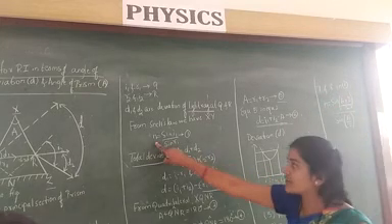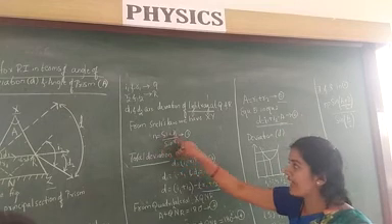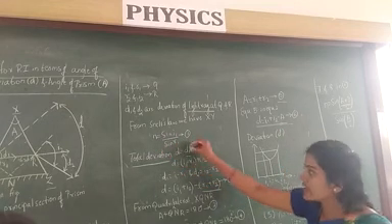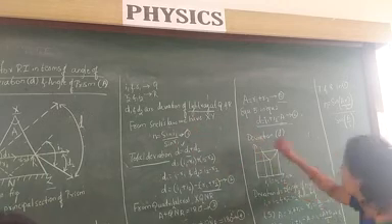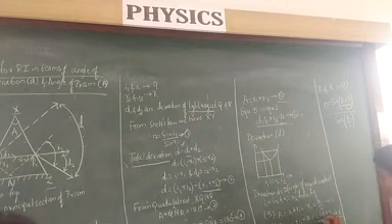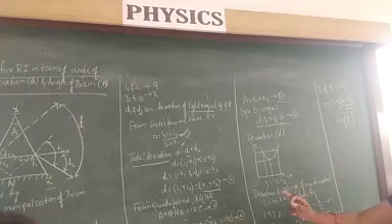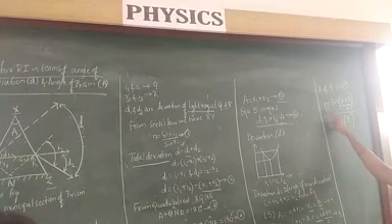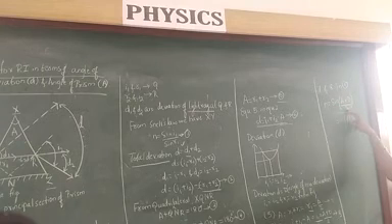We know that equation 1 is n is equal to sin I1 by sin R1. We got the value of I1 and R1, and we are putting them in equation 1. Next, we are getting n is equal to sin((A plus D) by 2) divided by sin(A by 2). This is your answer.